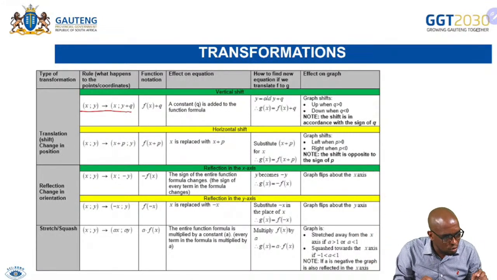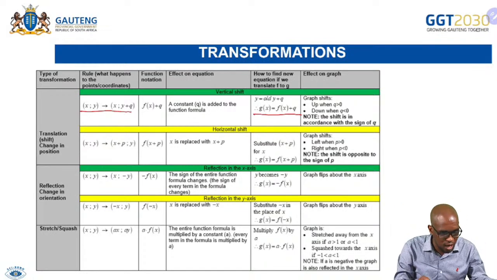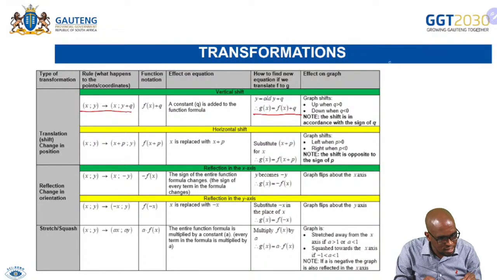Now, the effect in the equation is that a constant q would be added. Our old equation was y equals f of x. Now this is given by y equals f of x plus q because every point on the graph moves upwards. So there is the effect there.